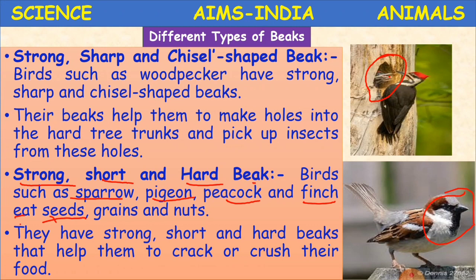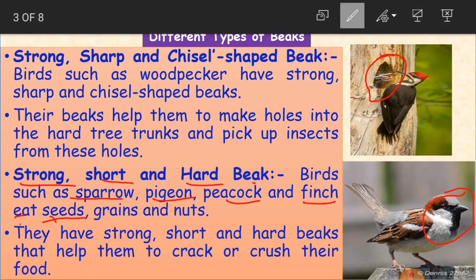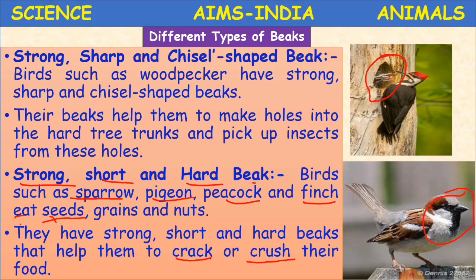Crush is nothing but making it into a soft substance, children. Whatever seeds, grains and nuts they are eating, they crush it like powder using their beaks. Okay children, clear? So this is how they eat.